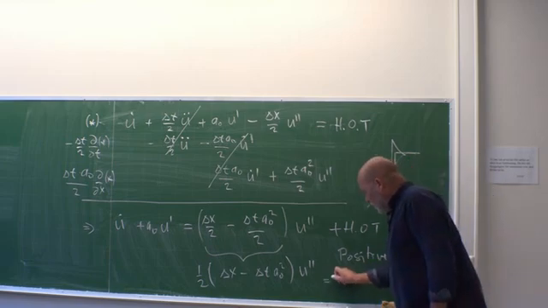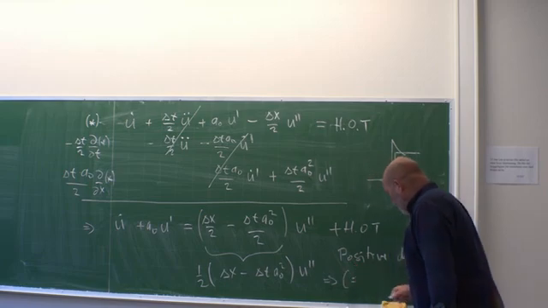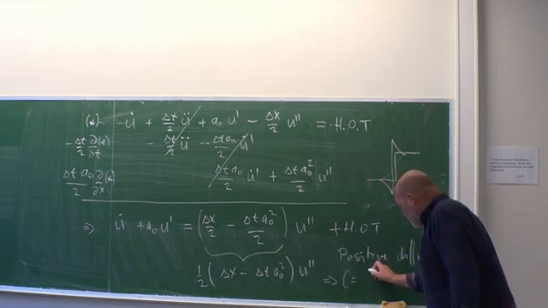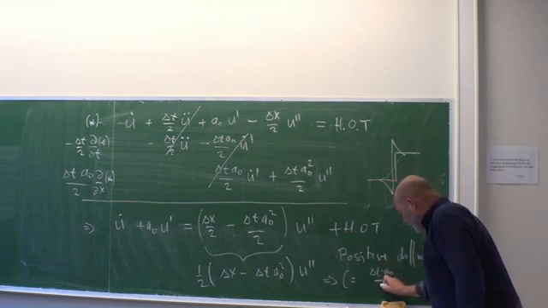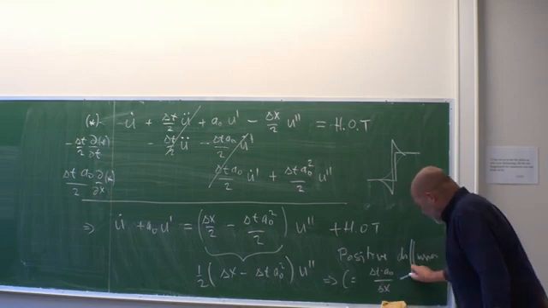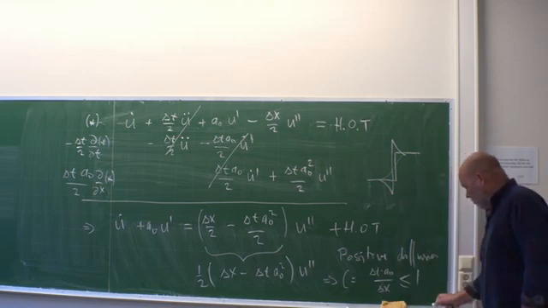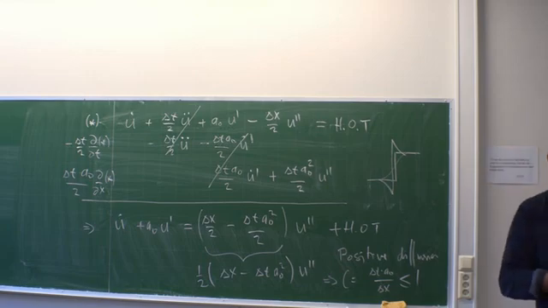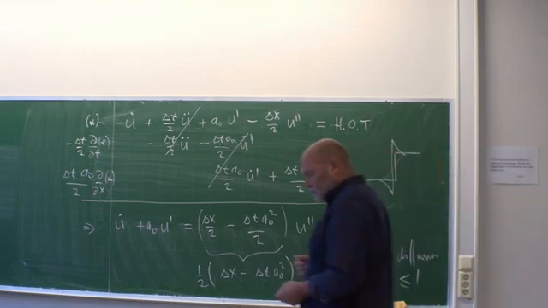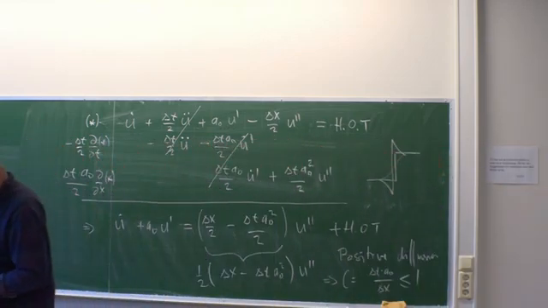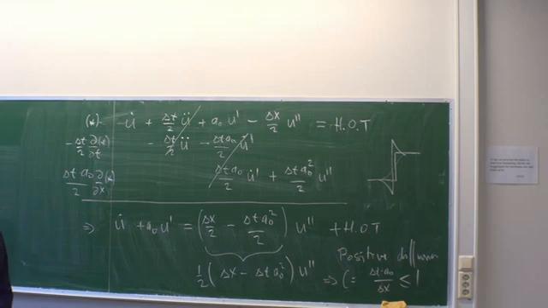Diffusion will then imply the Courant number, which is delta t times this transport velocity over delta x, has to be smaller than 1. So you actually get the stability criteria from this modified equation as well, if you do it right. Any questions to that one?